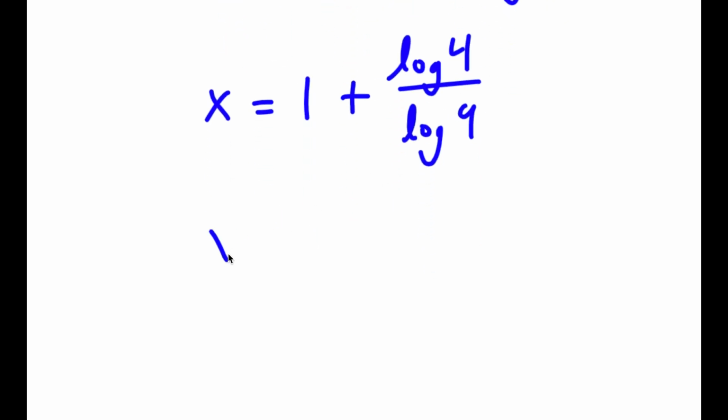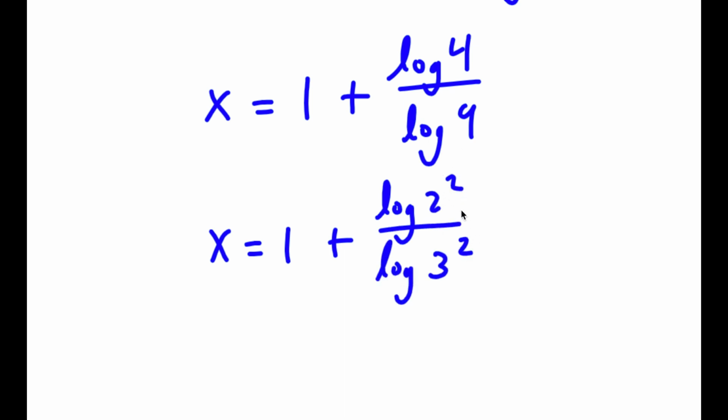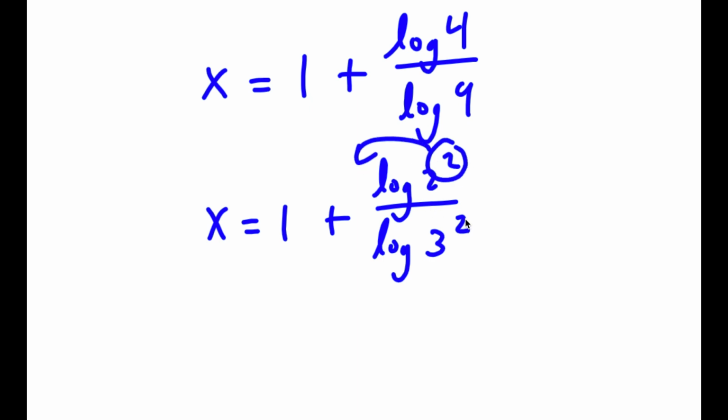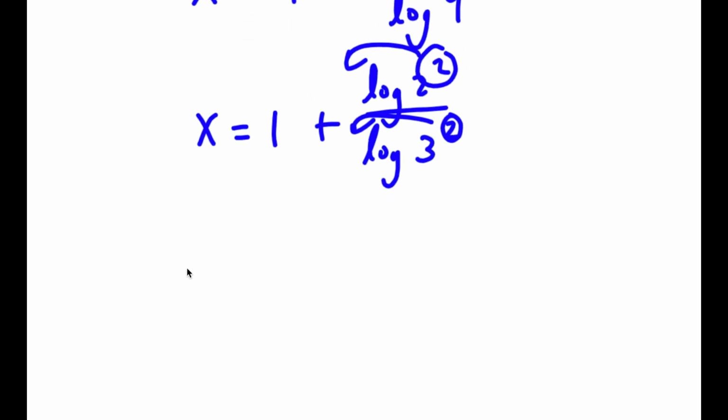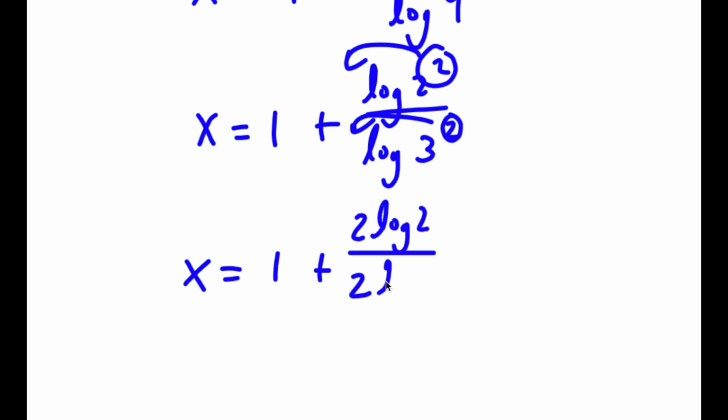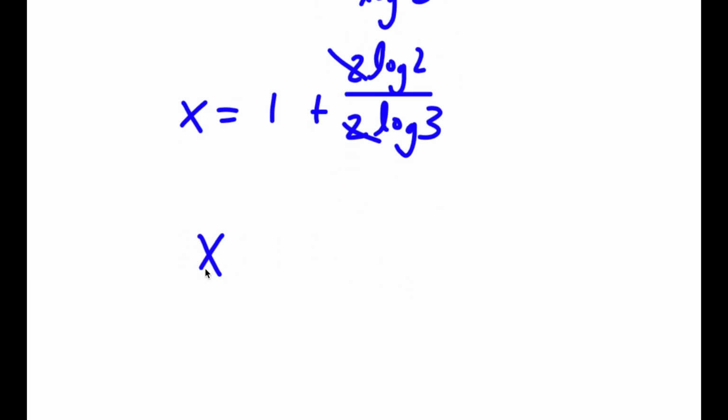And log 4 here is the same thing as log of 2 squared. Log 9 is the same thing as log of 3 squared. So now I can move 2 to the front. So now I have x is equal to 1 plus 2 times log 2 over 2 times log 3. Now these two 2's cancel out, so now I have x is equal to 1 plus log of 2 over log 3.